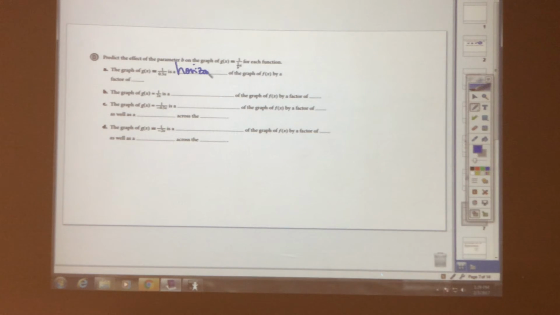Horizontal stretch. So it's 0.5, so you're thinking it's a fraction. If it's 0.5, it's really 1/2, which is 1 over b. So b equals 2. So it's really a stretch. It's opposite of what it looks like, by a factor of 2.